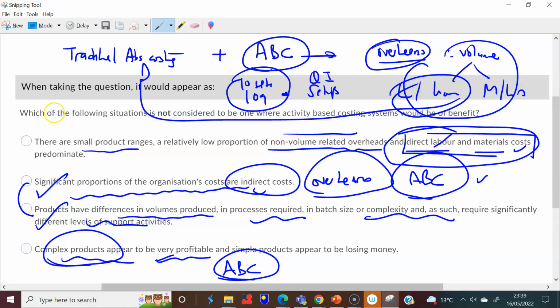So in this one, you can sort of argue that, well, we don't really need ABC here, because ABC would be trying to break up these overheads into finer points, but they're low anyway. They're not many. So what am I saying?